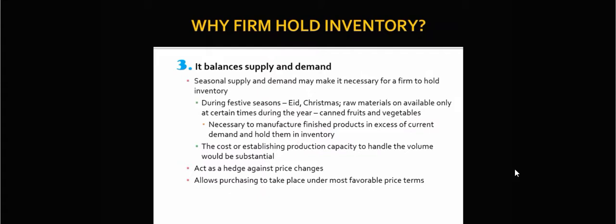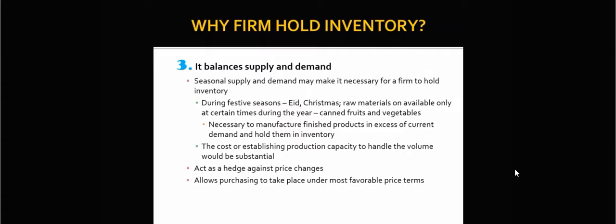The cost of establishing production capacity to handle the volume would be substantial and then act as a hedge against price changes. Jadi bila kita ada inventory, okay, dia akan mengelakkan daripada berlakunya perubahan harga yang mendadak. Perubahan harga yang mendadak ni lebih kepada harga makin naik lah, bukan menurun ya. Allows purchasing to take place under most favorable price terms.